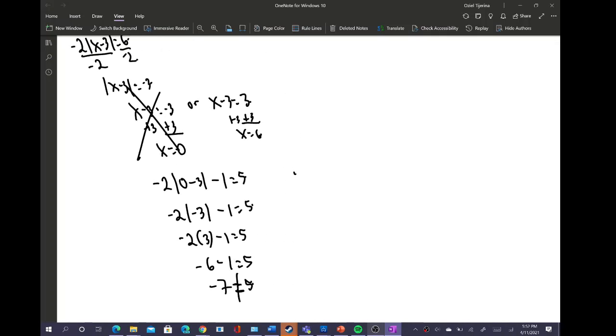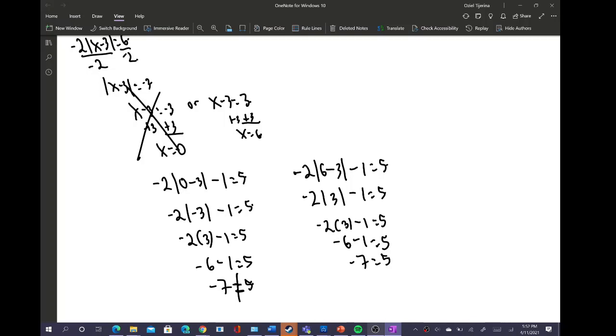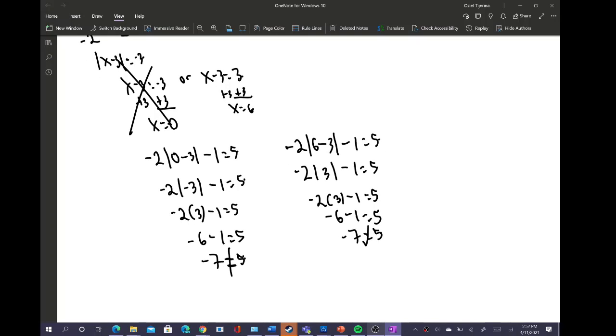If you check x equals 6, negative 2 times the absolute value of 6 minus 3, minus 1 equals 5? Negative 2 times 3 minus 1 is negative 7 again. So they're not solutions, therefore it's no solution.